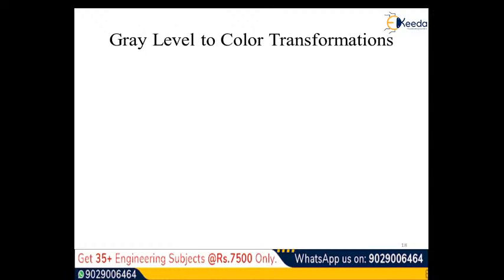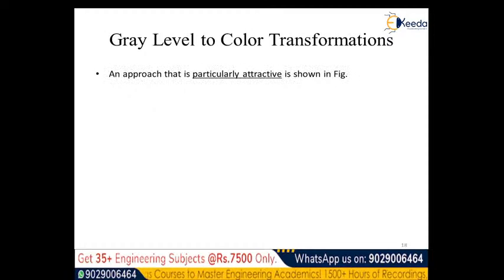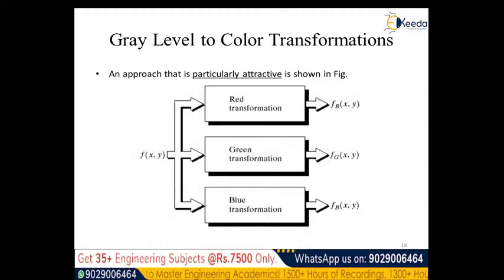So here we start with the gray level to color transformation. Gray level to color transformation is also one of the techniques for pseudo color image processing. The approach followed for gray level to color transformation, we can best describe with the help of one figure. On the input side, the left hand side, you see f as a function of x comma y.